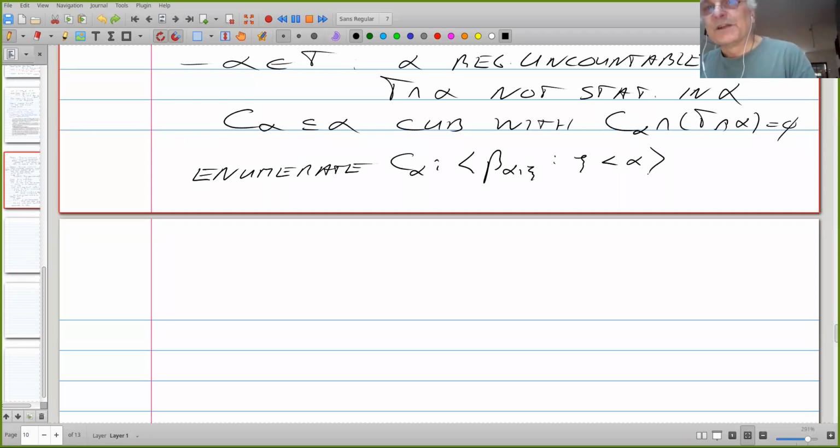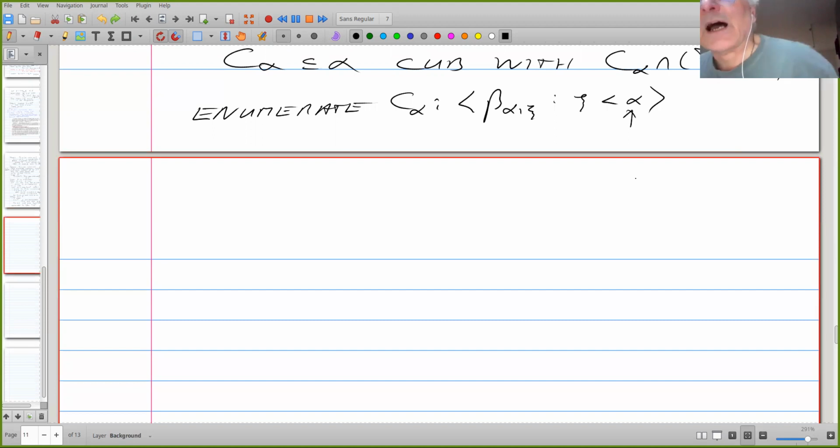So this is the difference between step 1 and step 2. We had just one single cardinal here that would work for all the sequences, but now the sequences get longer and longer and longer, the higher up we go into kappa. The sequence is increasing and continuous.